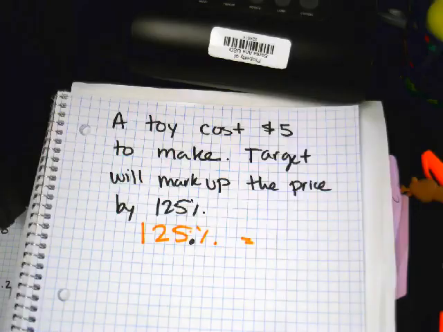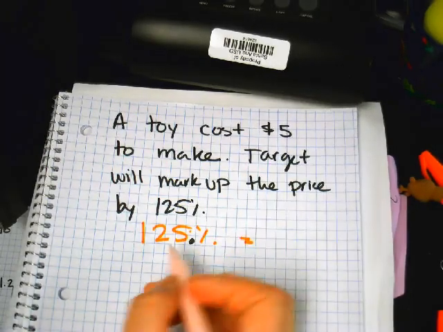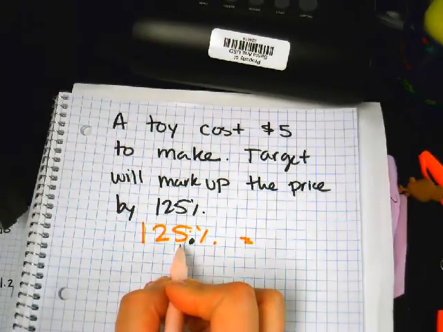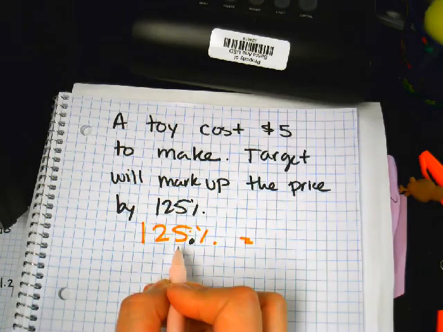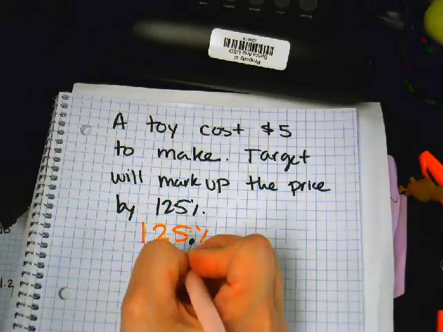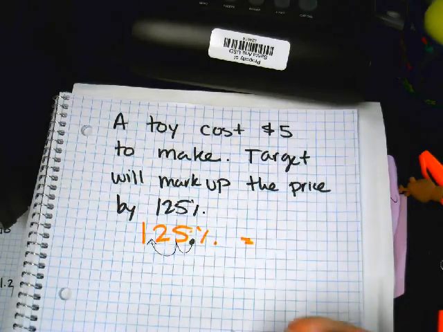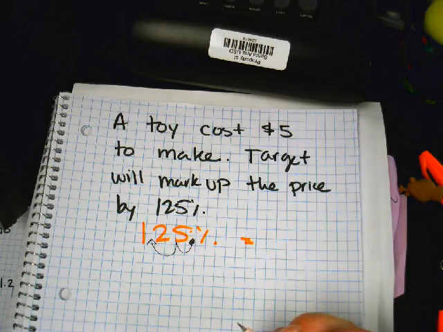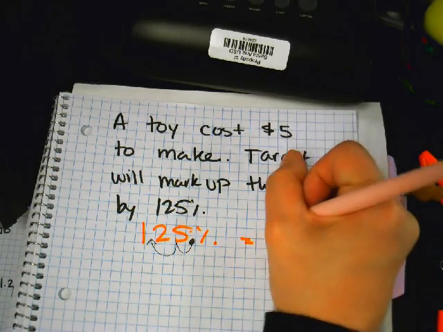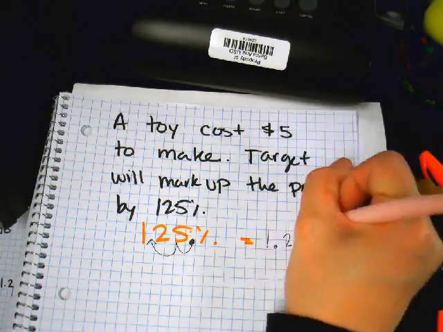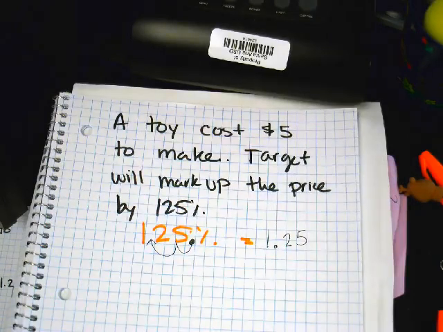How many times do I move it? 2. But Miss O'Malley, there's 3 numbers. Doesn't matter. Always move it 2 times. 1 and 2. So what is my decimal? 1.25. All right, type it into the calculator.